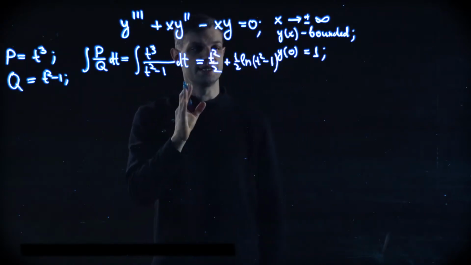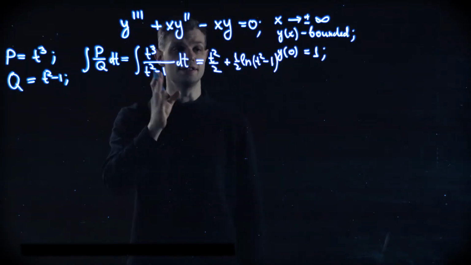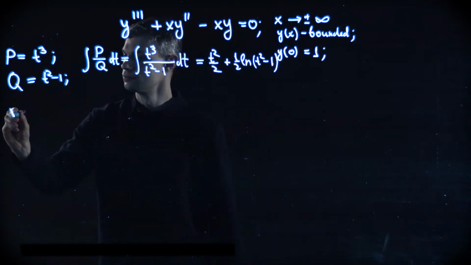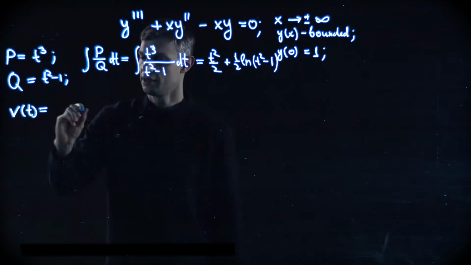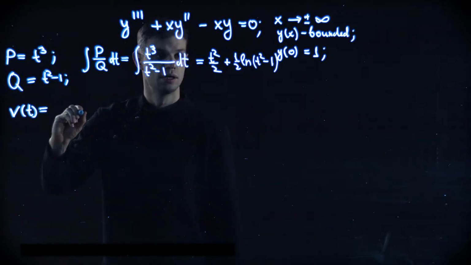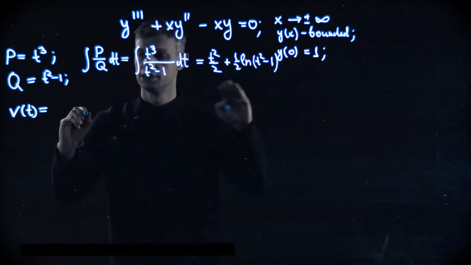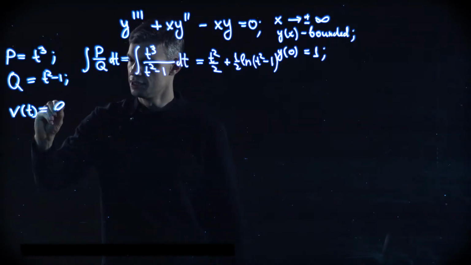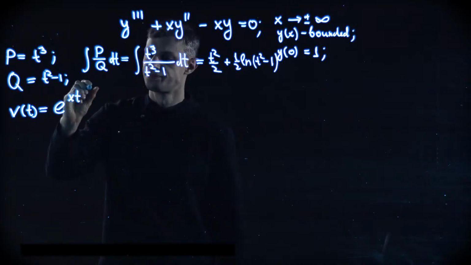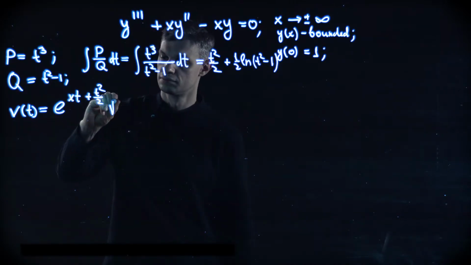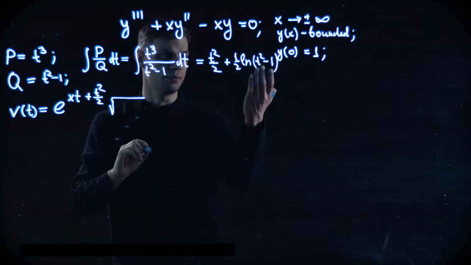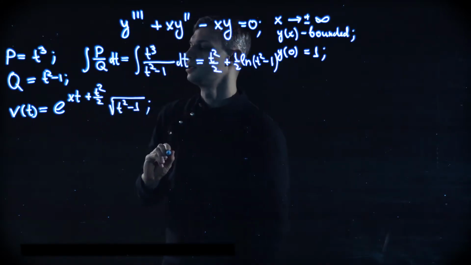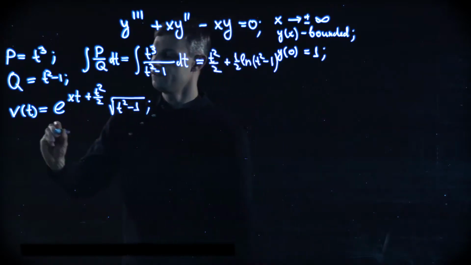Right, so let's write down our v function and z function. So first, v function. As you remember, it's simply the exponential of this part, times e to xt. So here it is. And the logarithm is turned into a square root. Okay, now our z function.